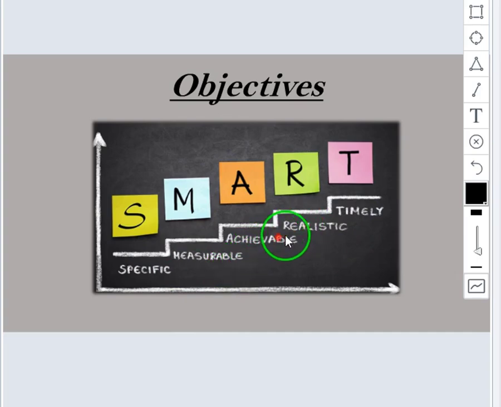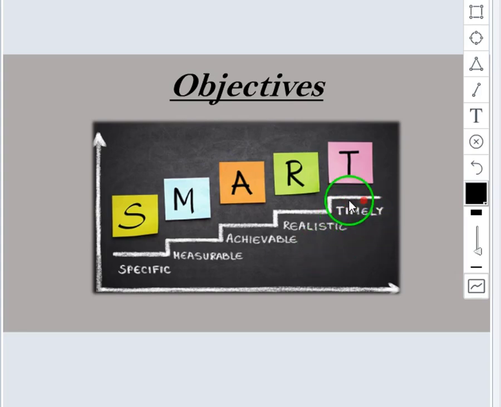Achievable and realistic is alluding to the fact that you need to take into account the developmental level of your student. If you're teaching an intro level math class or developmental math class, then obviously there are certain objectives that you would want to avoid for students in that type of class.